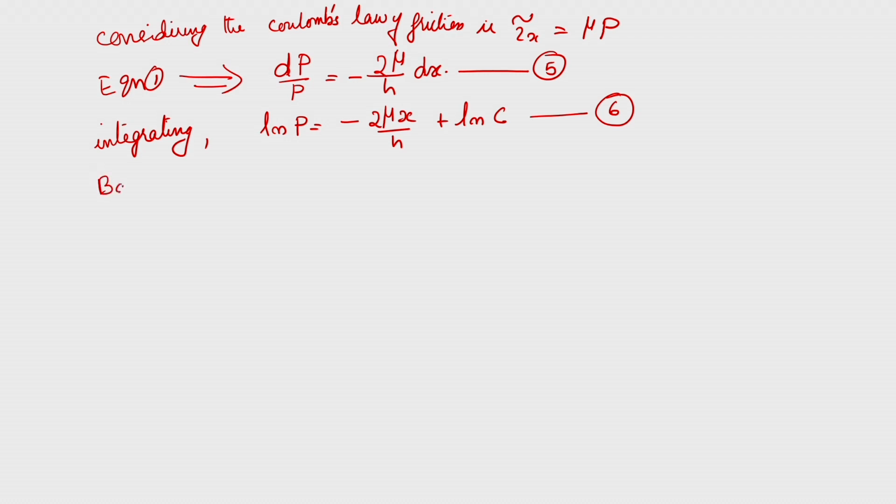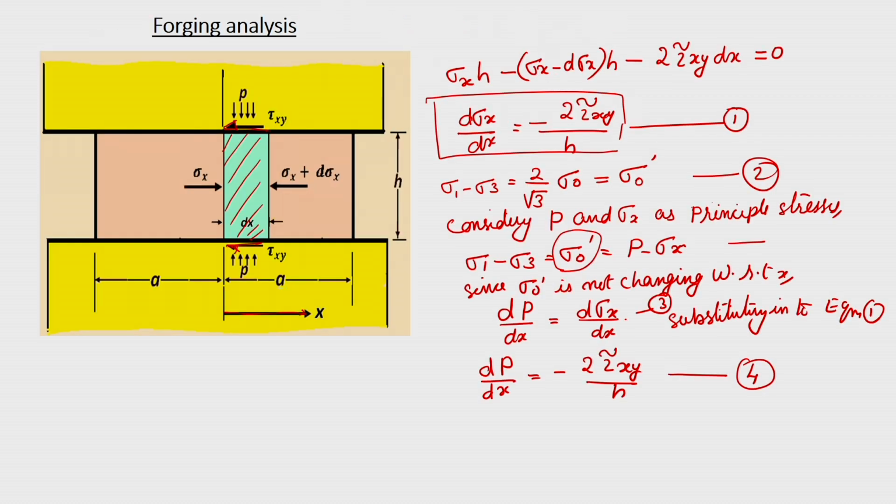The boundary conditions are, if you look at x is equal to a, from the center, you will find that sigma x is equal to 0 at the free surface.